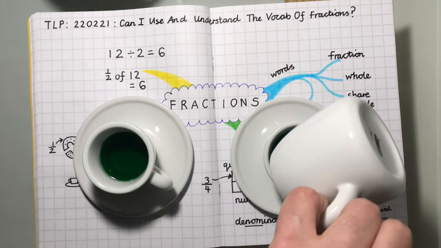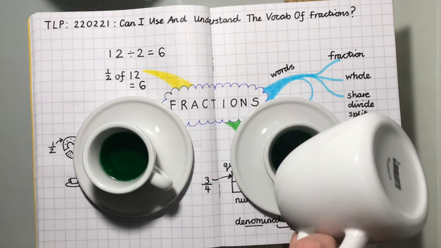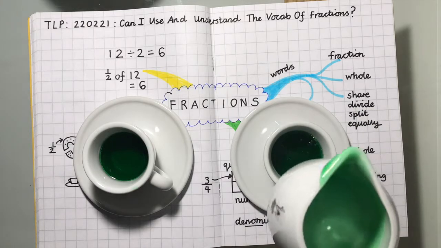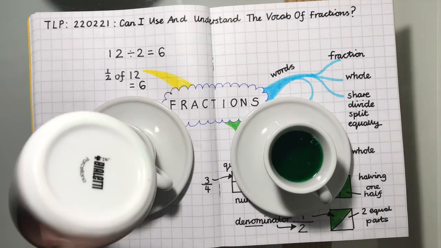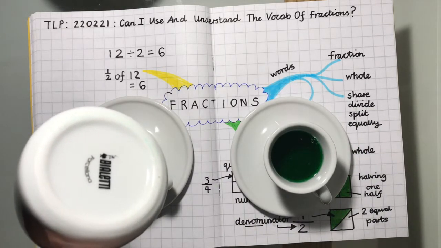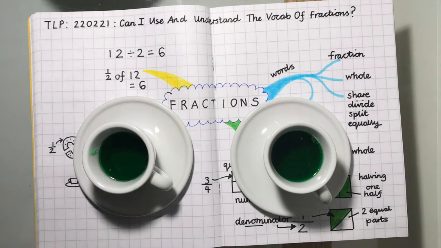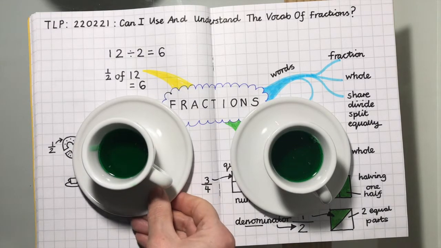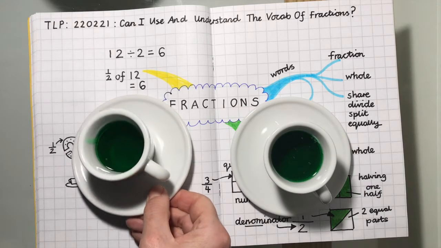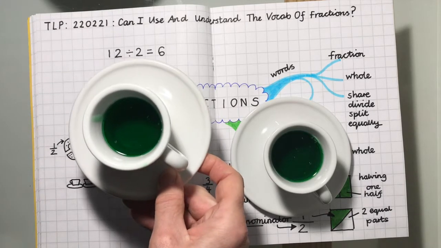Give that one a little bit more, there's just a drip left. And I've filled the cups up to pretty much the same level. I think I've done a good job there of sharing it fairly. And there's an amount of liquid that has been shared into 2 equal quantities. But I'm definitely not going to drink that, I would be mad.